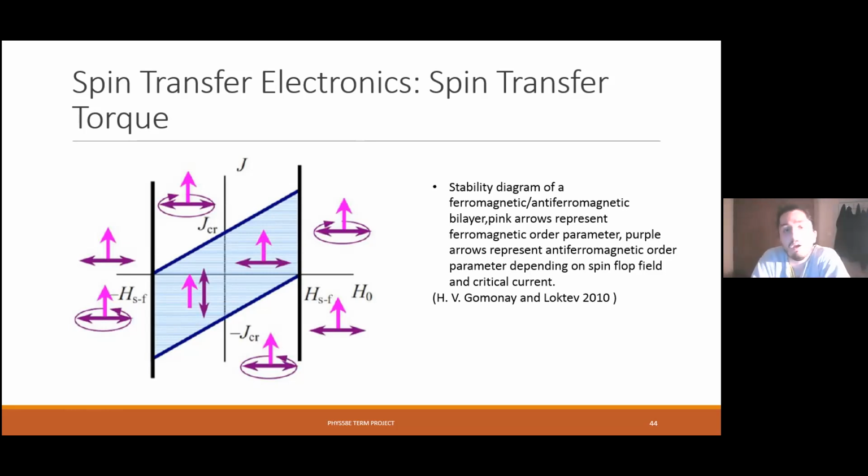As you can see here, at a certain order of critical current, the antiferromagnetic moments spin. And it's the same on the side for critical current and applied external field bigger than the spin flop field, which means there's only a specific domain between those values in which the antiferromagnetic domains remain in a stable state.